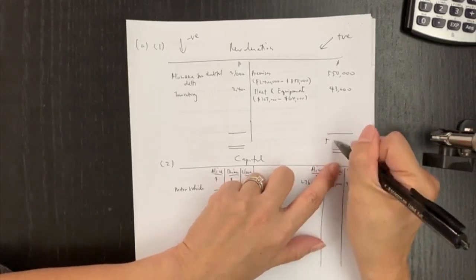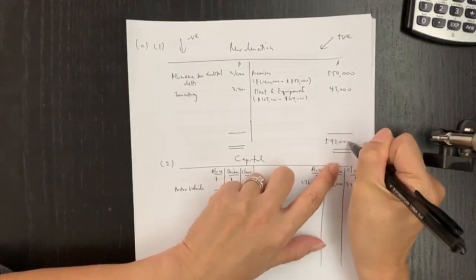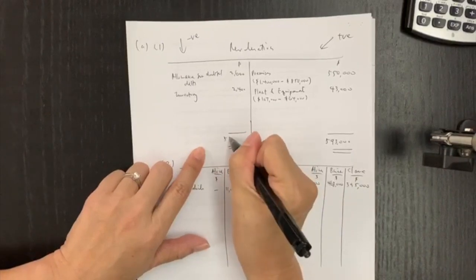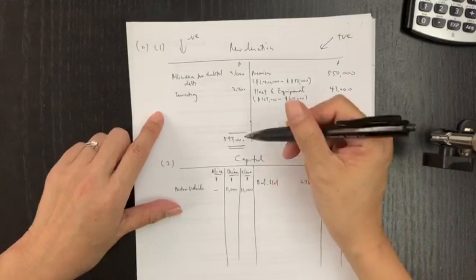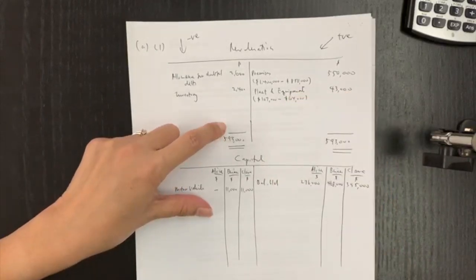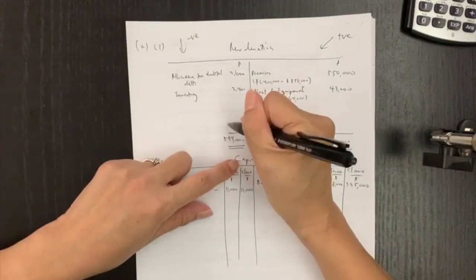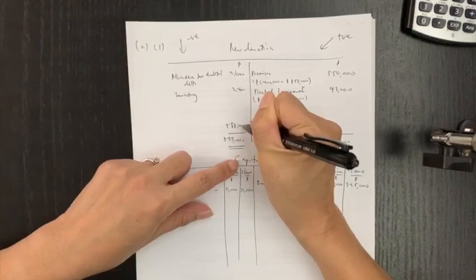So I get 593,000. So I also put 593,000 here. Okay, and then I need to insert something here. So minus 2,600 minus 2,400. So I have this 588,000.